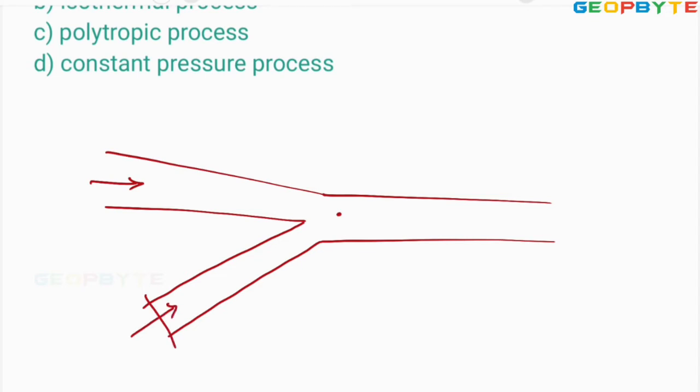Here fresh air is entering, and this is the recirculated air. Fresh air may be entering at atmospheric temperature, but recirculated air is entering at low temperature.